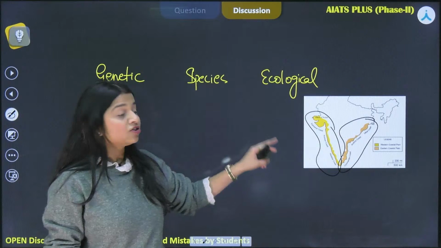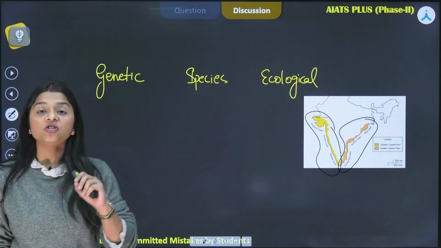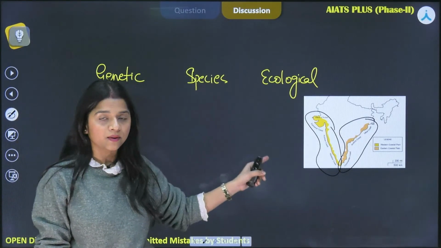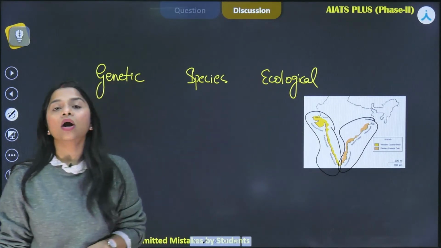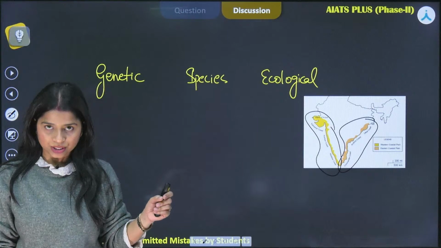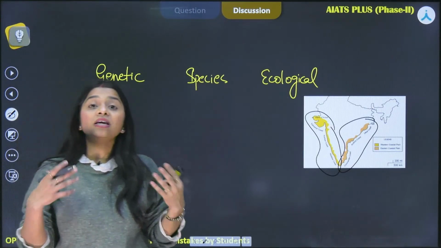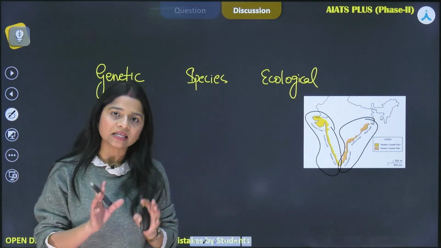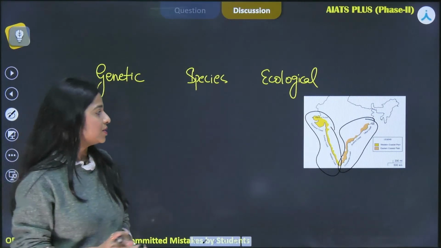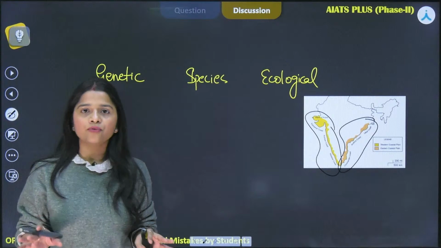But if we are considering the Western Ghats, the amphibian species are much more in number over here as compared to the Eastern Ghats. So this is called the ecological diversity. The variety of ecosystems that are found, that is called the ecological diversity. I hope this is clear with you people.